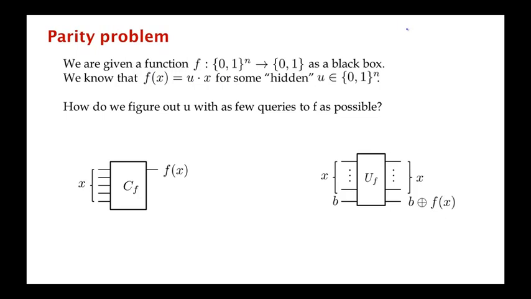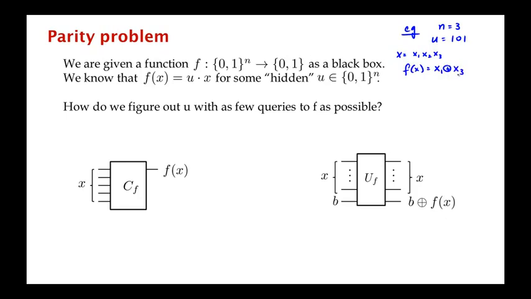So for example, n might be equal to 3, u equal to 101, in which case what this function does is on input x1, x2, x3, so x is a 3-bit string, f of x is just x1 exclusive or x3.